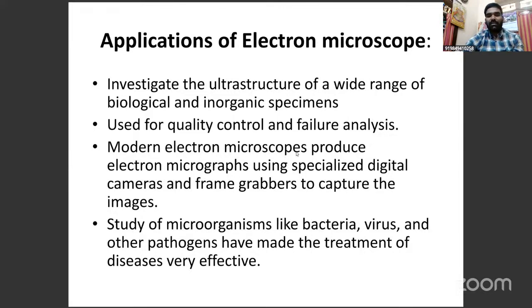Modern electron microscopes produce electron micrographs using specialized digital cameras and frame grabbers to capture the images. Nowadays we are using digital cameras and frame grabbers to capture these images.